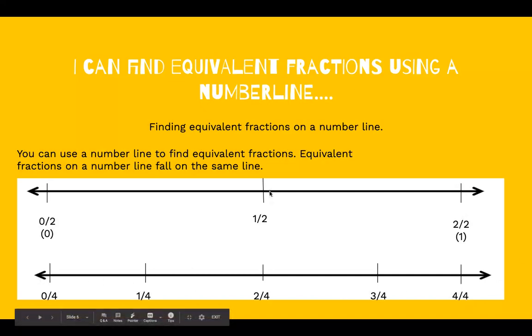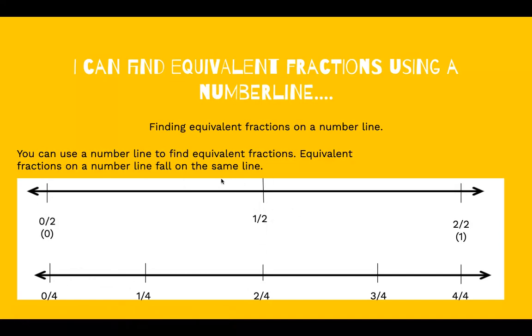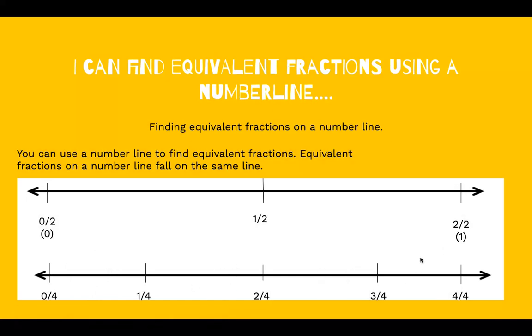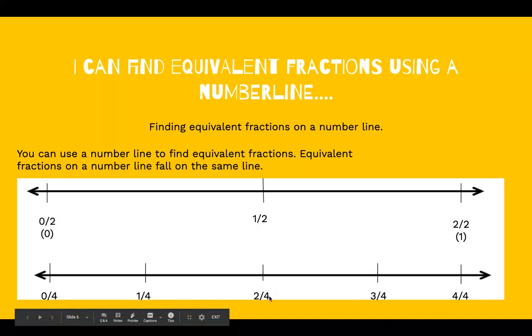The value doesn't change, it just changes the size of those pieces. So here, this number line has been split up into 1, 2, 3, 4 equal pieces. Now I can use fractions to represent each of those marks. This would be 0 out of 4 parts, 1 out of 4 parts, 2 out of 4 parts, 3 out of 4 parts, 4 out of 4 parts, or a whole.